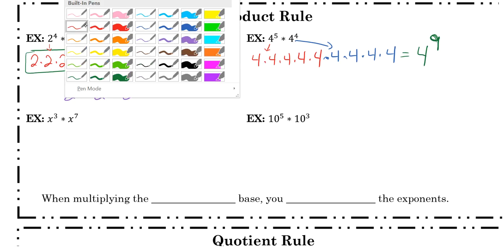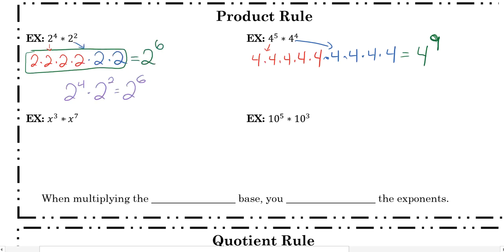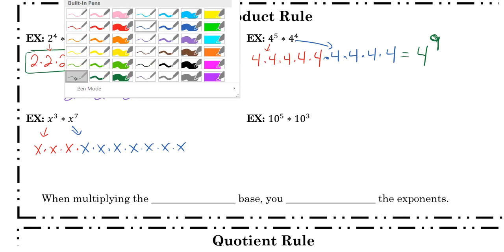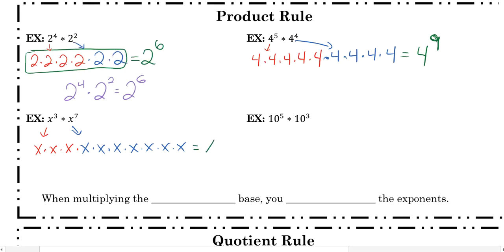If I look at another example, I have x to the 3rd times x to the 7th. Well, x to the 3rd means x times itself 3 times. And x to the 7th means x times itself 7 times. And if I write that back in exponential form, I have a common base of x, and I have it multiplied by itself 10 times.